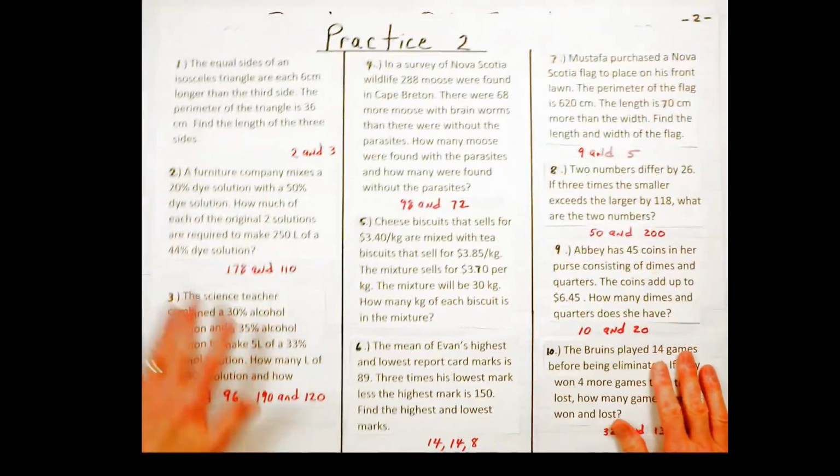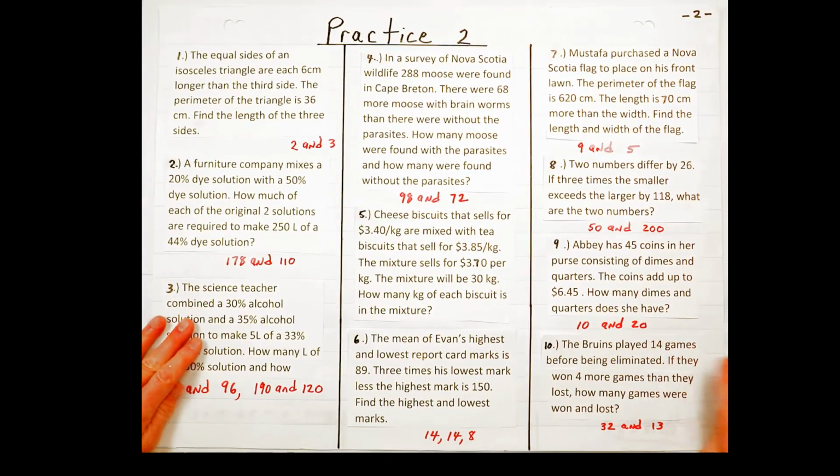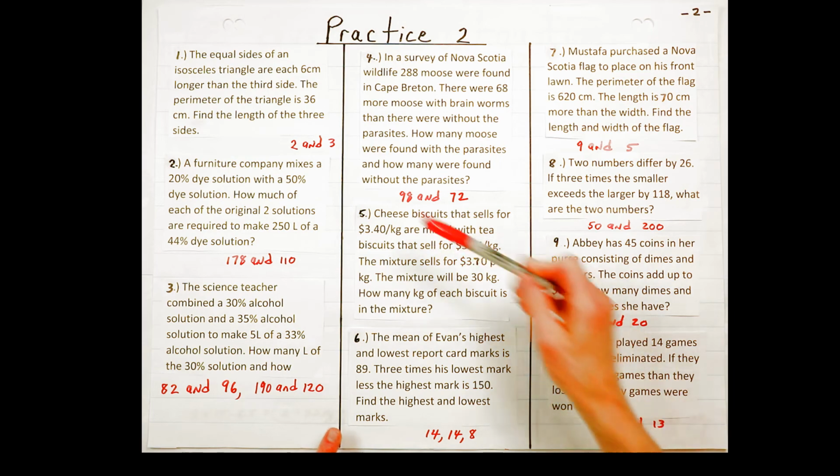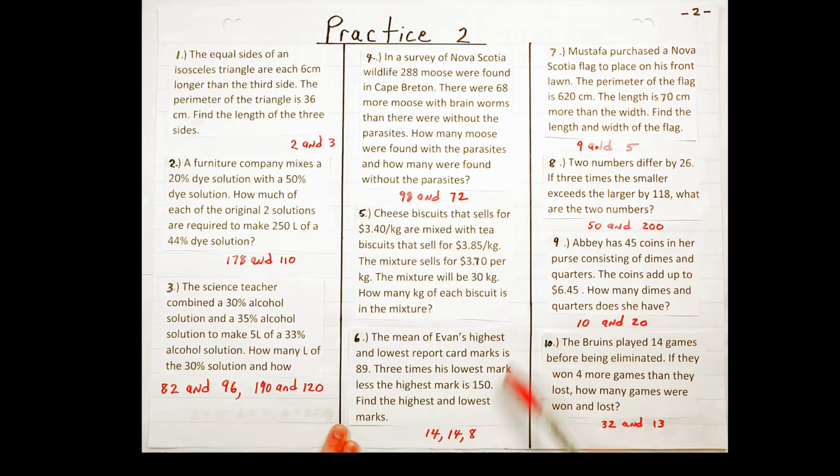All right, excuse my arm. I have your practice problems for today, and here they are. As usual, I've given the answers, but they're not in the proper order. The answers are all over the place, and they're mixed up. Now, you have some good questions here.